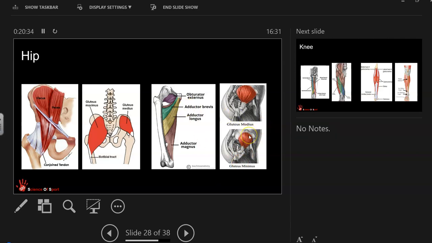And the opposing or partner muscles to that are the adductors, a group of 3 muscles. Adductor brevis, where brevis means shortest, longus means longer, and magnus means strongest. So brevis, longus, magnus, all the adductor muscles. They pull the femur in towards the midline. These 2 muscles pull the femur out to the side for abduction.